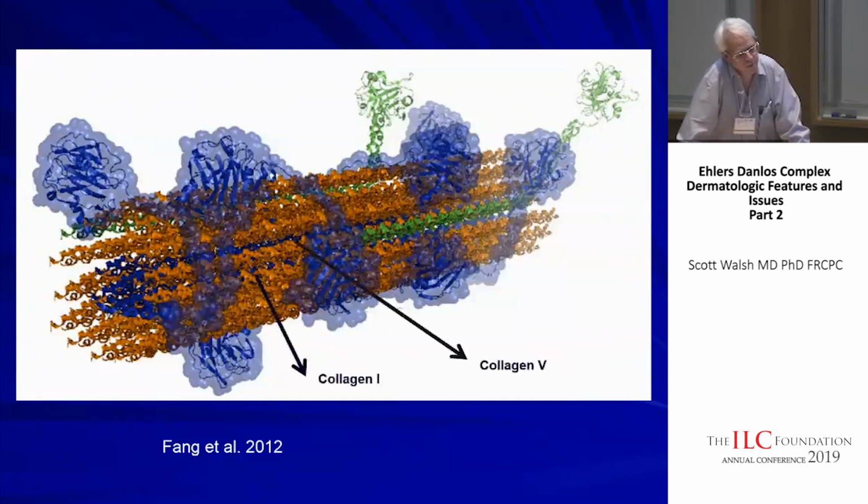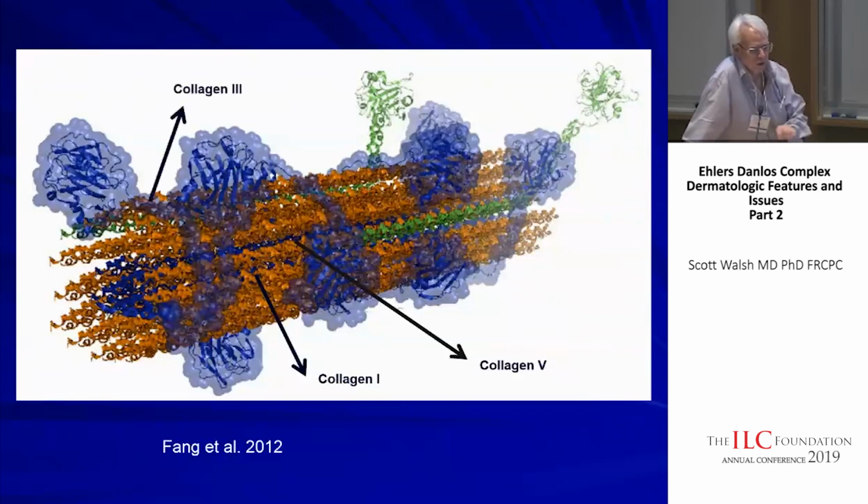The majority of the collagen in the fiber is collagen 1. So collagen 5, 1, and we'll see 3 look very similar to each other. They're basically the same length, and they can make this big fiber. So collagen 5 at the center, collagen 1 all around it, and then a little bit of collagen 3. These are all different types of ropes, but 3 molecules wound around each other.